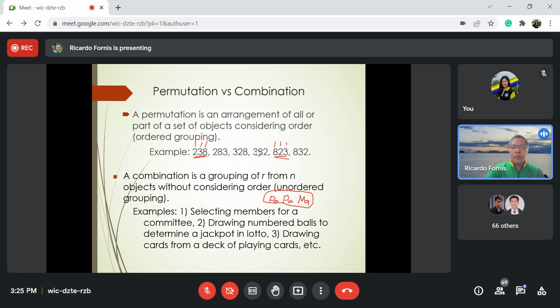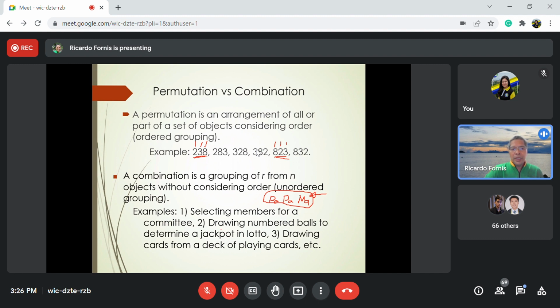And somebody would say Pedro, Pablo, and Maria. And another person would say, no, they are not the representatives, and he will declare, well, the representatives are Maria, Pablo, and Pedro. I think that's not different compared to the first declaration, right? So in combination, the order of the elements is not important.